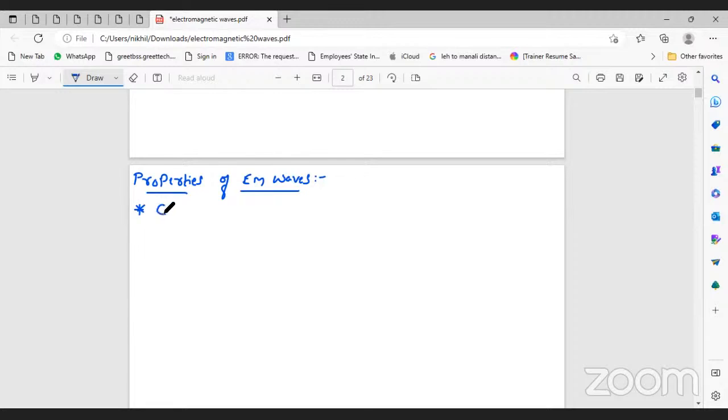That speed of light is given by the formula C is equal to E naught divided by B naught, which is also given by 1 divided by root epsilon naught into mu naught.